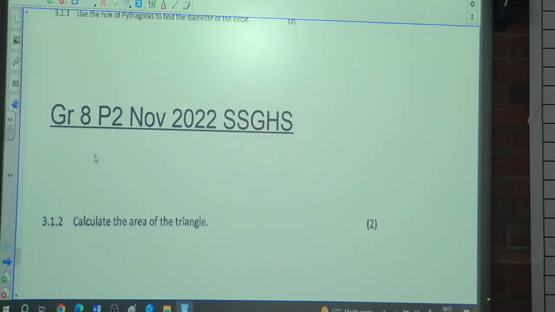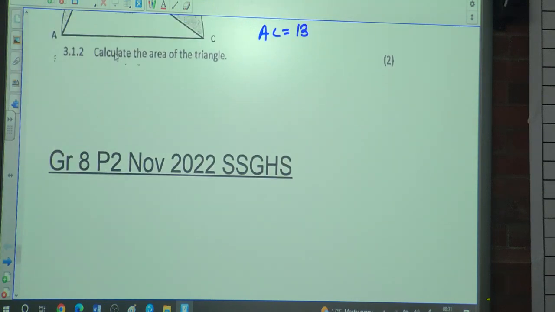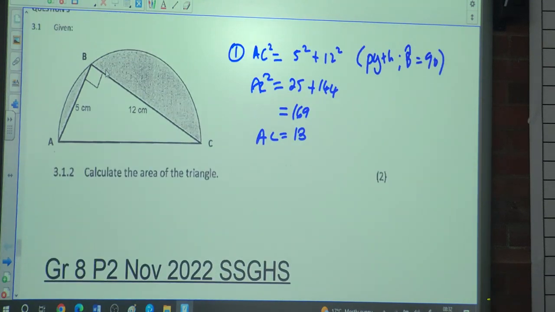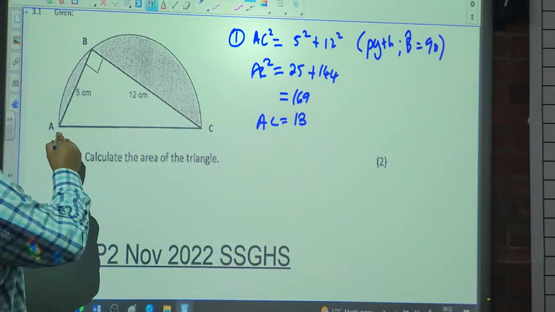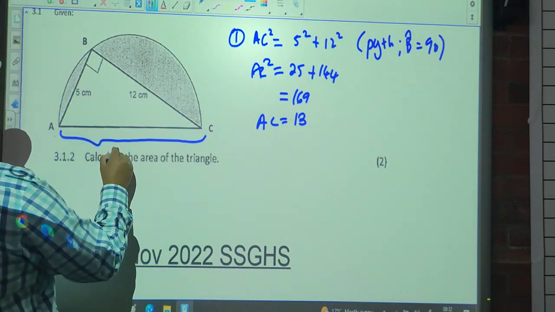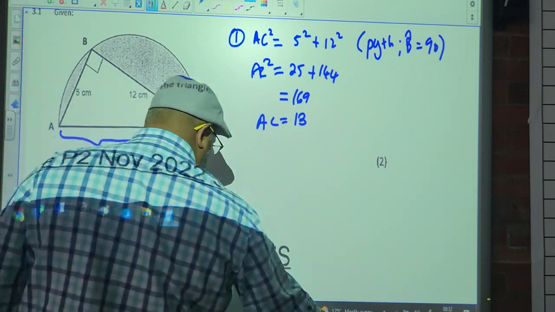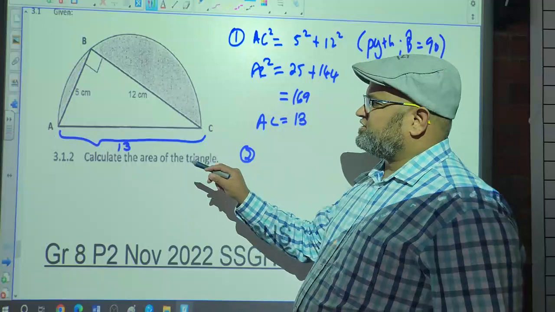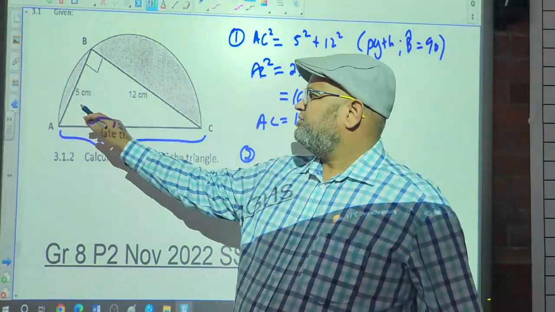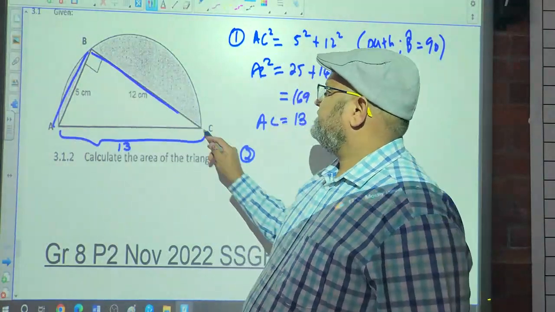Okay. So 3.1.2, calculate the area of the triangle. How do you calculate the area of a triangle? Half base times perpendicular height. So what's going to be your base here? 5, and your perpendicular height? 12.